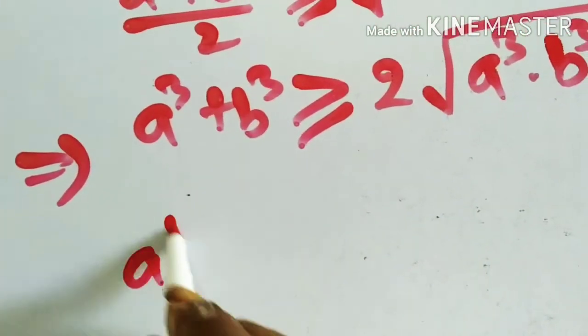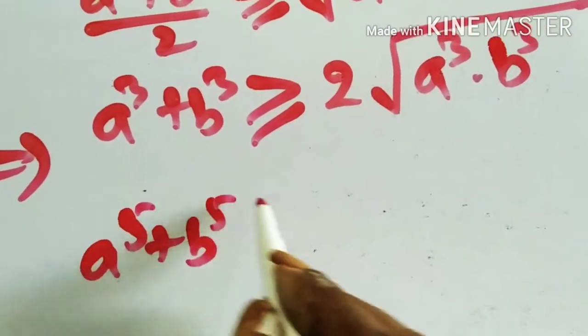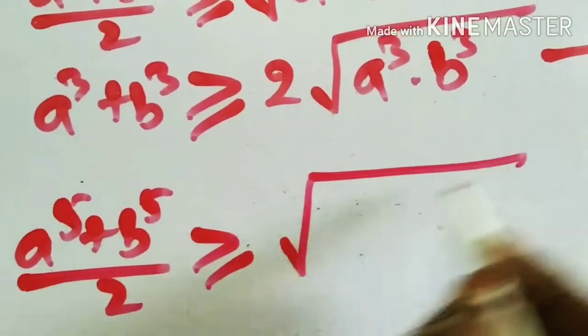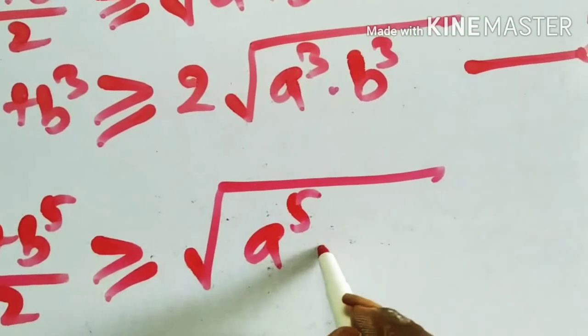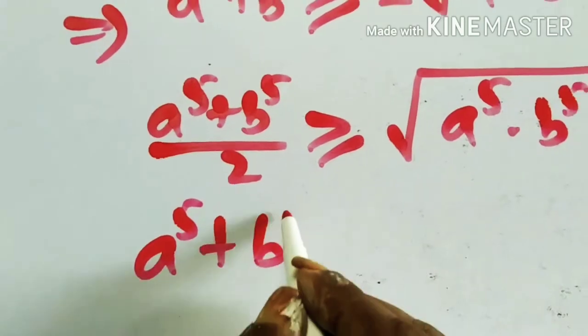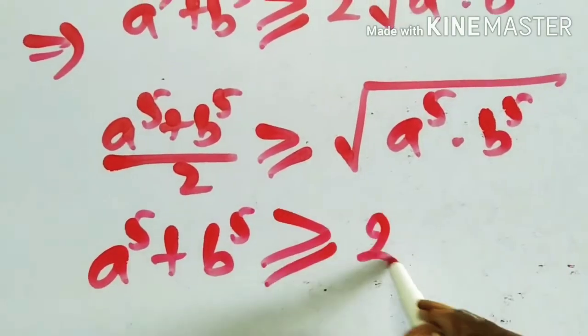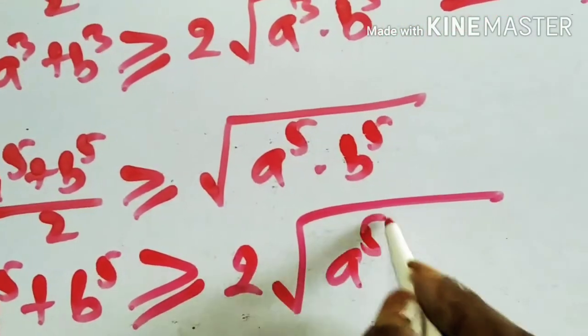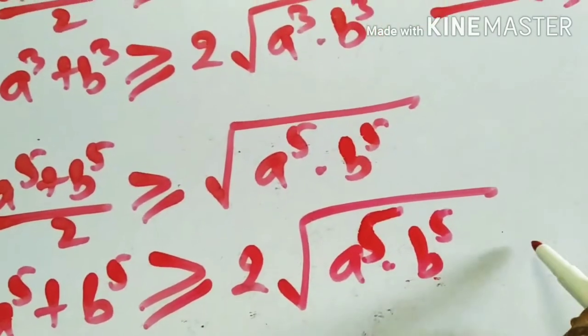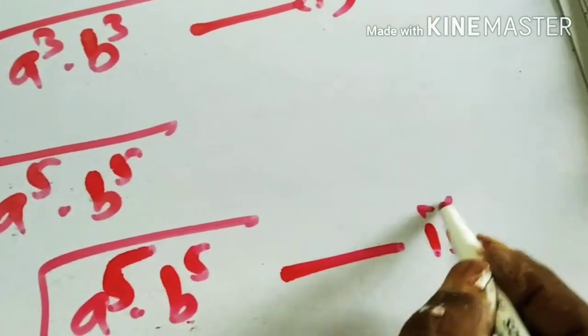Again, (a⁵ + b⁵)/2 ≥ √(a⁵b⁵). So a⁵ + b⁵ ≥ 2√(a⁵b⁵). This is equation 2.